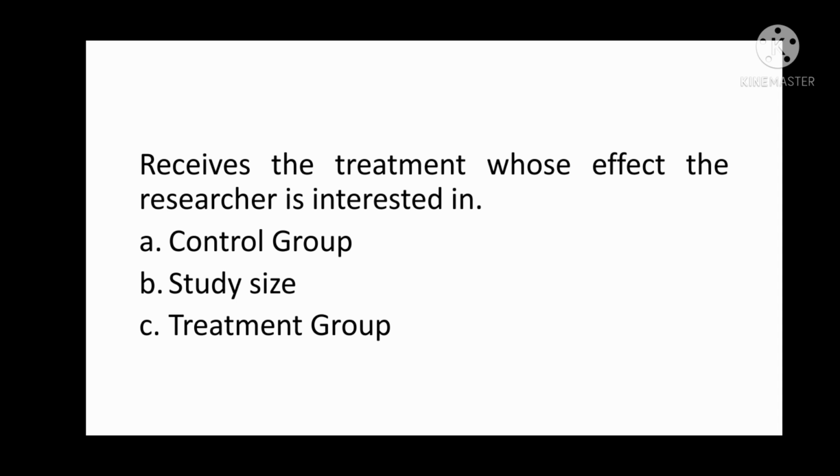If we have 20 samples as your study size, you will divide this into two, and you will be categorizing these two groups as the control group and the treatment group. The control group are the group which will not be receiving any kind of treatment, while the treatment group will be receiving the effect the researcher is interested in.